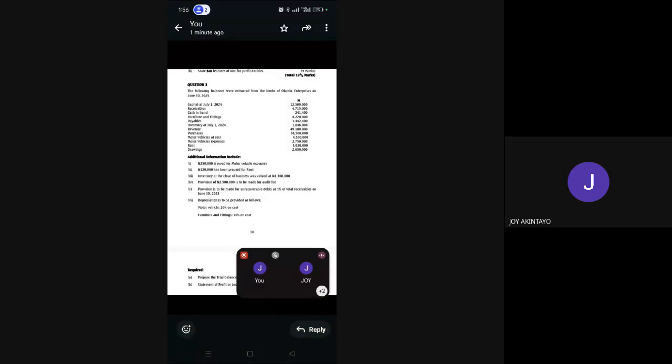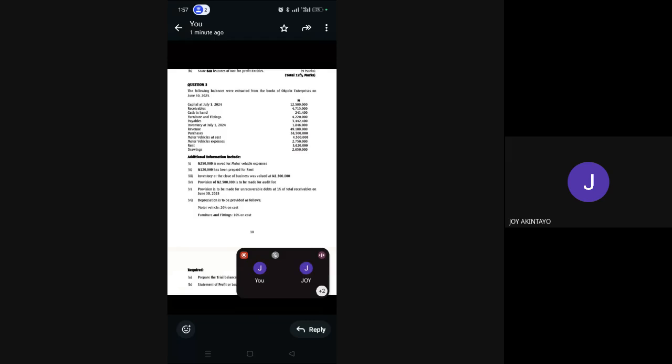Can you unmute your mic? Debit side. Why are we putting it on the debit side? It is an asset.